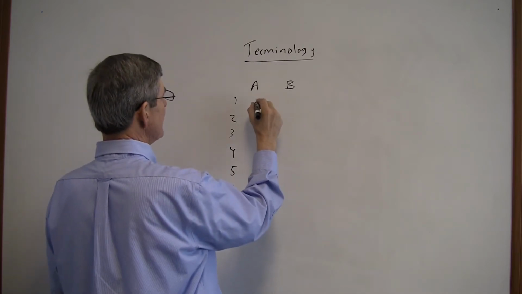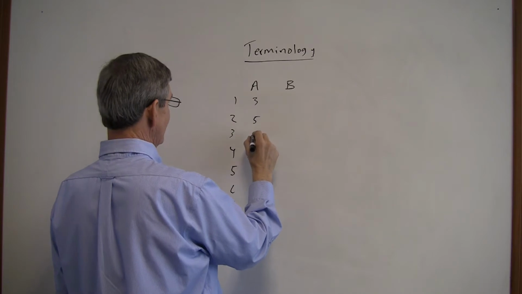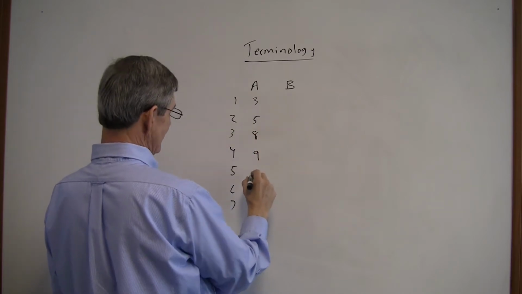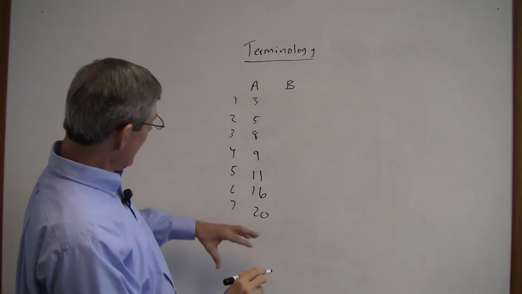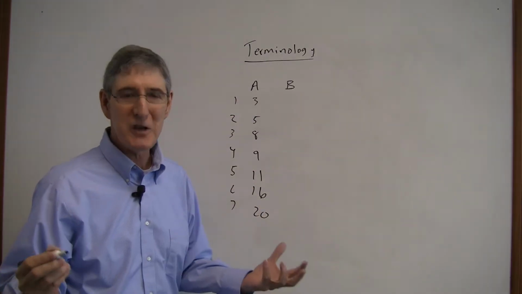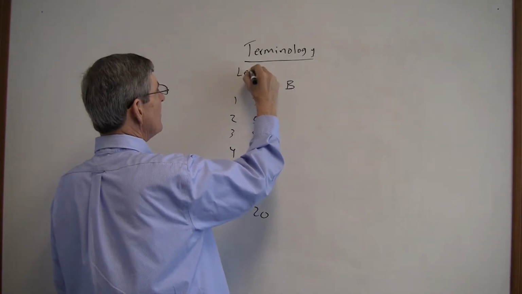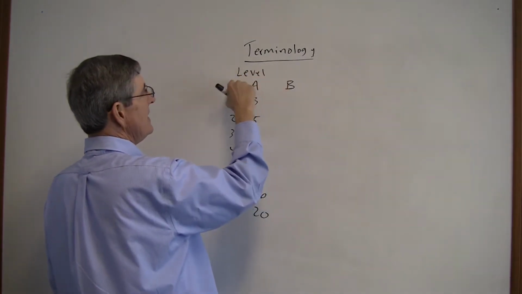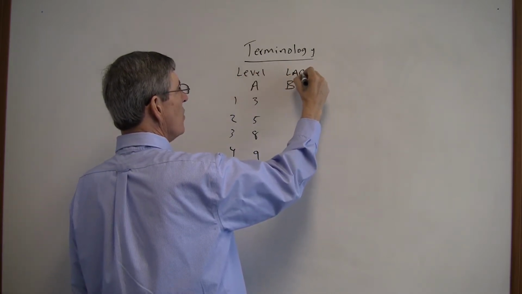And you've got numbers here, 3, 5, 8, 9, 11, 16, 20. I'm making it grow at an uneven rate like a time series generally does. So this is what we call the level. This would be y_t, and this would be the lag. This would be y_t-1.